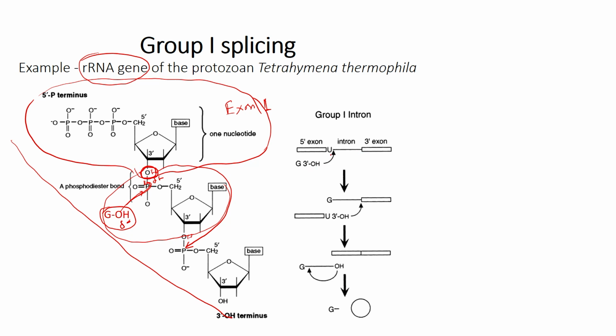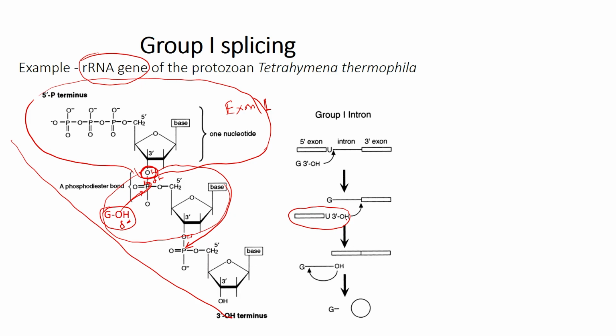Here a G is attacking this, and the result is G is now part of this, and this part is free. This is exon 1.